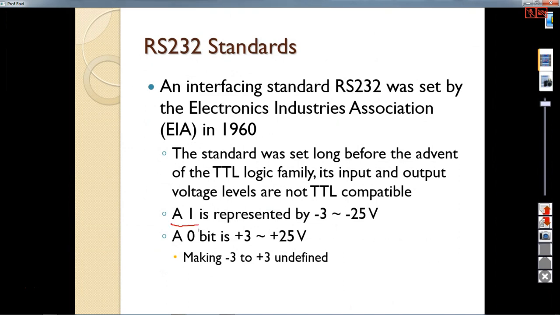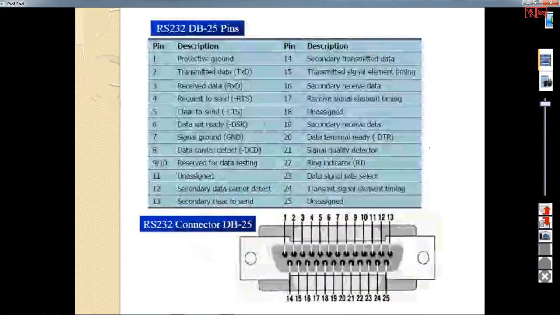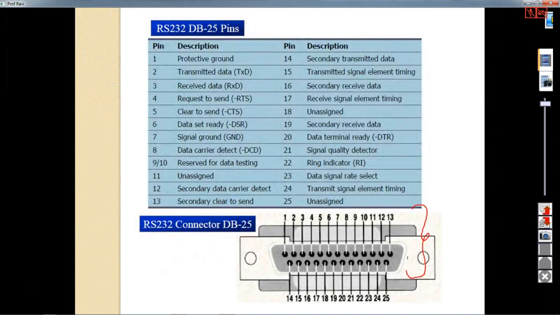So here a 1 is represented by -3 to -25 volts, and a 0 bit is represented by +3 to +25 volts, and -3 to +3 is undefined. The interfacing standard was RS-232, set by the Electronics Industry Association in 1960, which is a 25-pin connector.